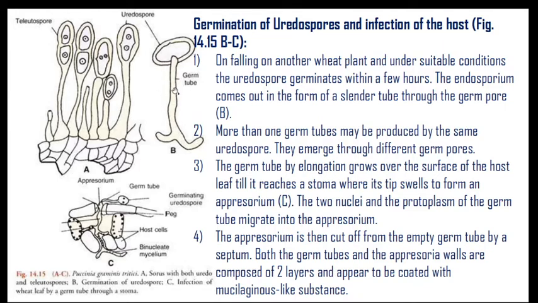The diagram B is the germination of Uredospore, while C is the infection of wheat leaf by germ tube through a stoma. Stoma is nothing but a stomata. So here is the stomatal opening.